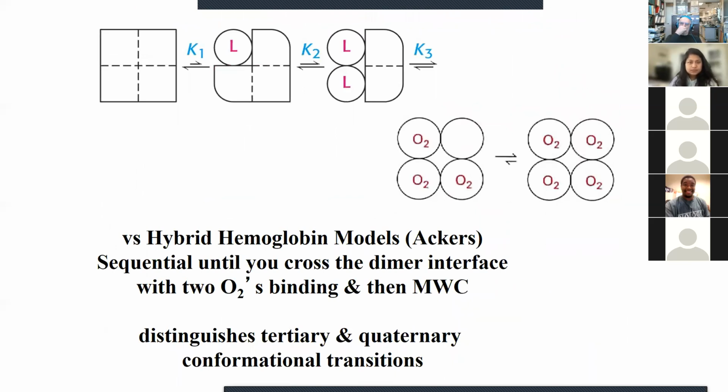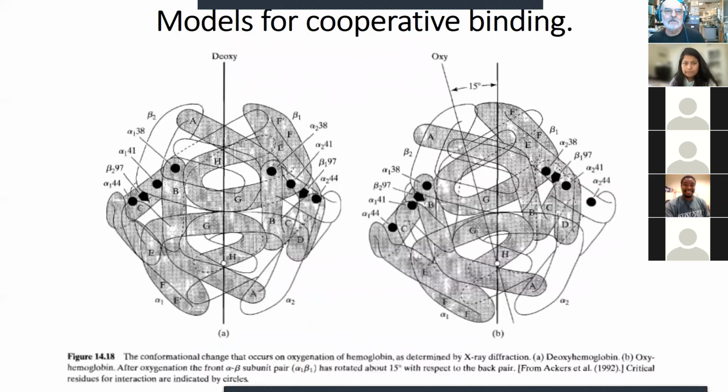The thing that happened in the field, and this is what we'll go into in more depth next week, is that the Ackers lab discovered, when they did certain kinds of experiments, that as long as the ligand stayed within a single dimer, and I'm not telling you that now, we'll come back to this. Well, I did say that to you right here.